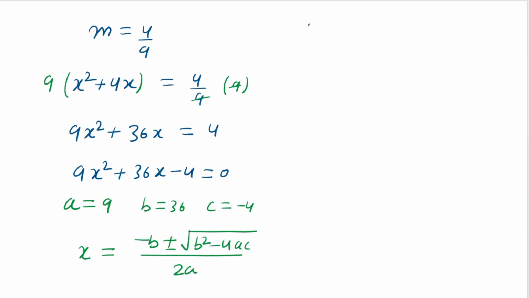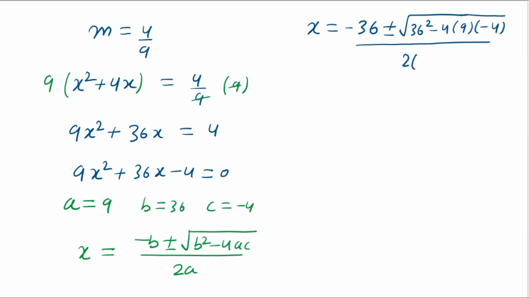Then x is equals to minus the value of b, 36, plus minus square root of b square, the value of b is 36 square, minus 4, and the value of a is 9 and the value of c is minus 4, and divide by 2 times a, and the value of a is 9.